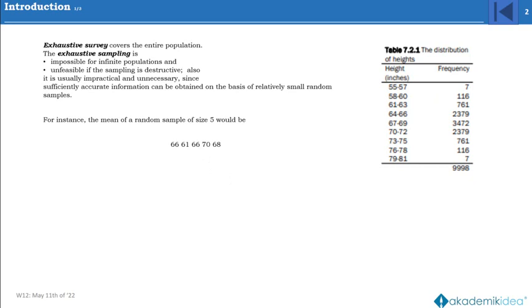Having made a statement about the average height of several thousand persons, after having measured as few as 5 of them, we might well be asked any one or all of the following questions.